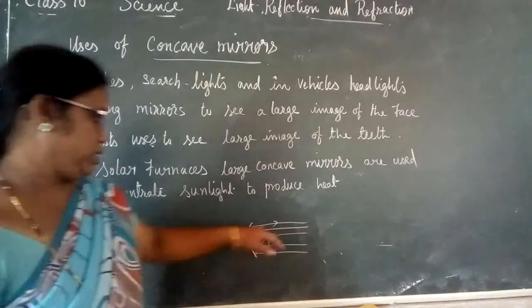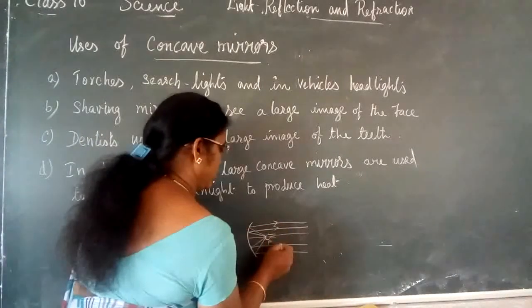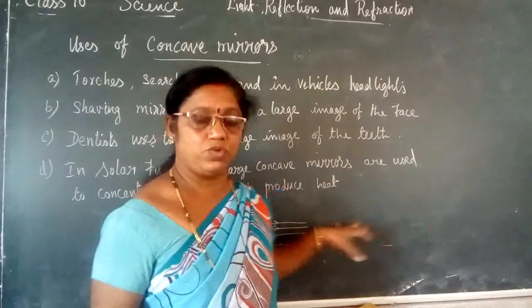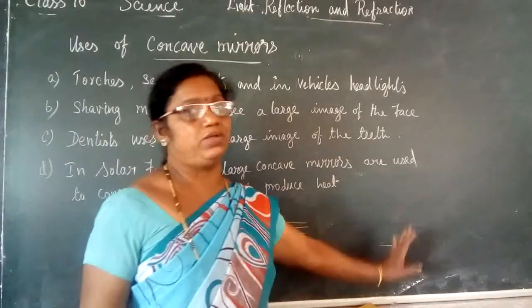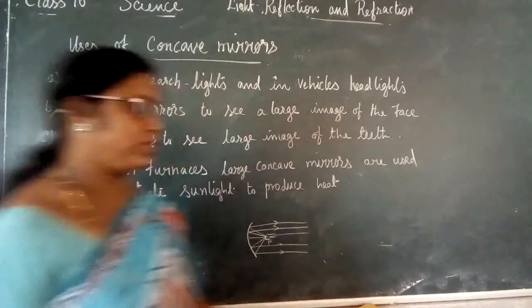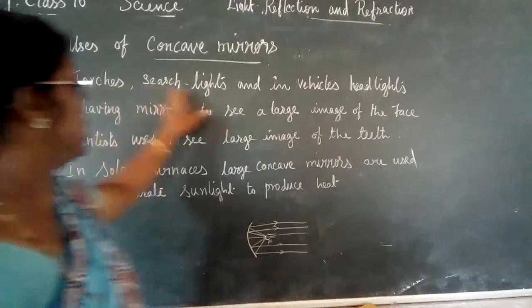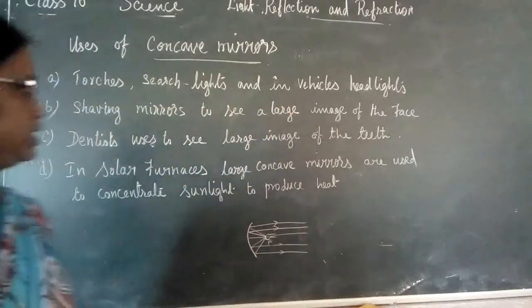Like this, when all the rays travel parallel, they cover a larger area. Those parallel beams of light give a bright light, which is very useful for us. Hence it is used in torches, searchlights, vehicle headlights, etc.